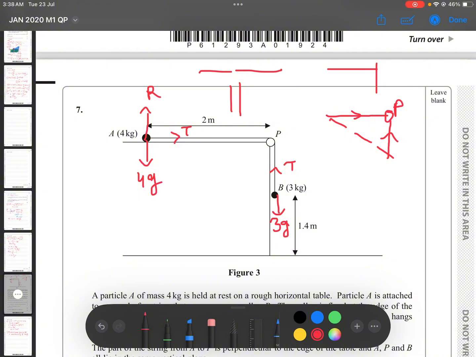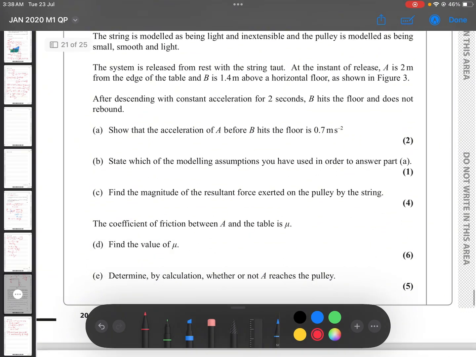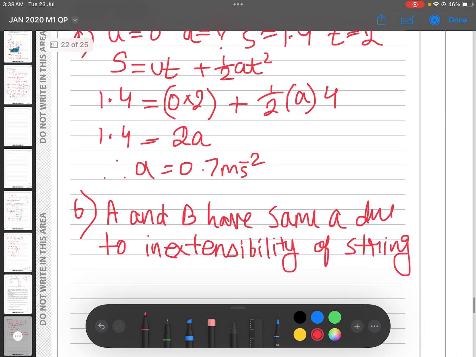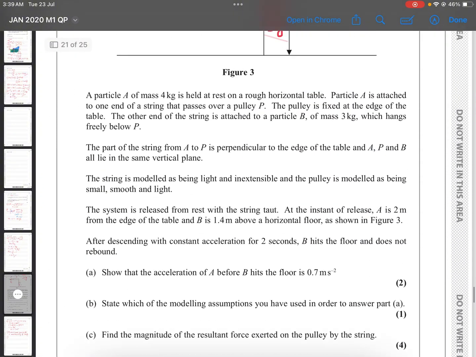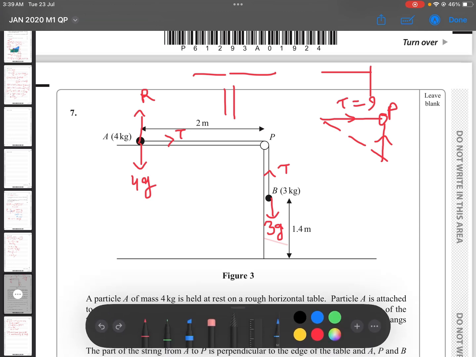So first we need to find the tension T, and for finding tension T we can make equations, considering ball B again. Now you can see that I can make equations from here. As the ball B is falling down, this proves that the weight is greater than the tension, and we know the equation: resultant force equals MA.